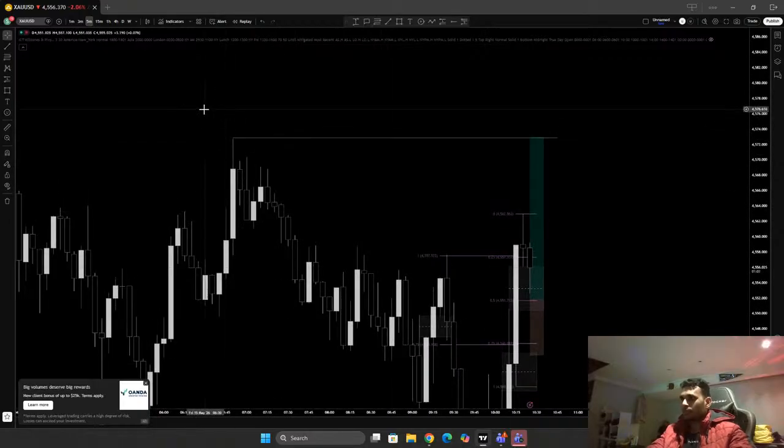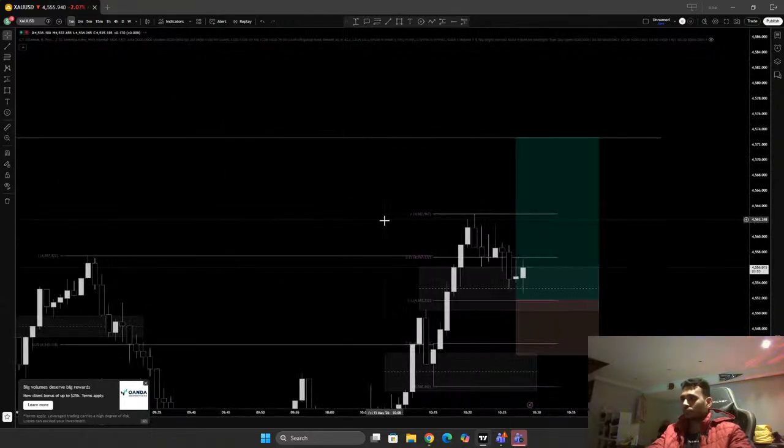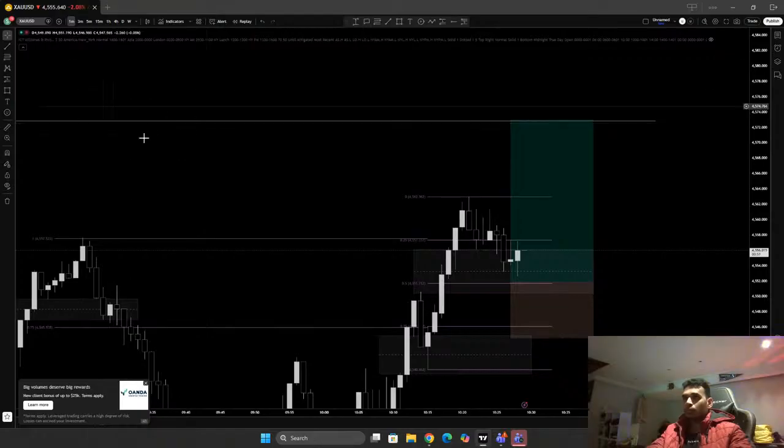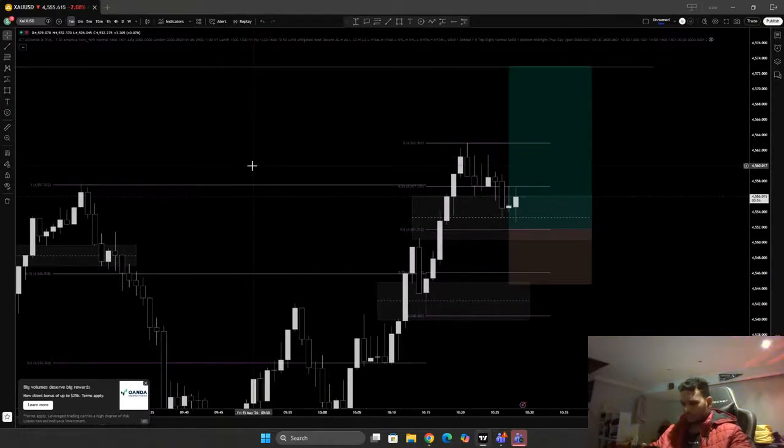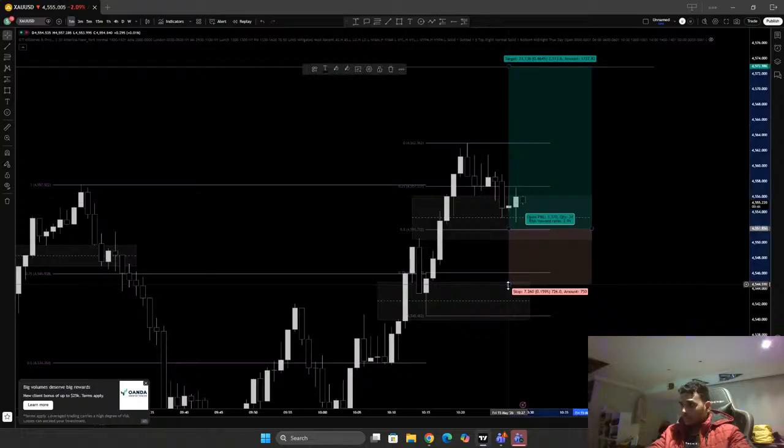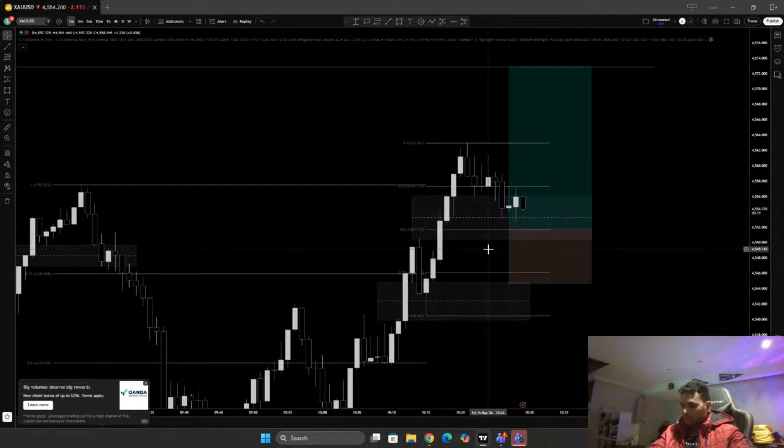Target should be this liquidity. Okay, let me see. Stop loss a bit below that. So if it gets it, anything in between, no, I'm going to stop loss, but I am entering not like that. So let me see. Final entry for the day.